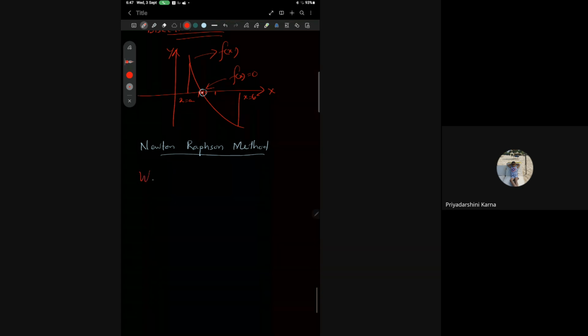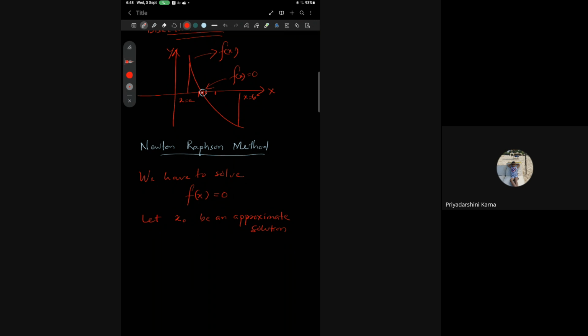So we have to solve f of x is equal to 0. Let x0 be an approximate solution, or approximate root, whatever you call.